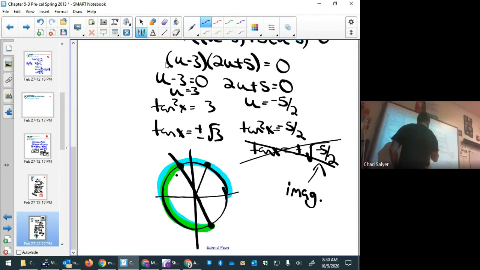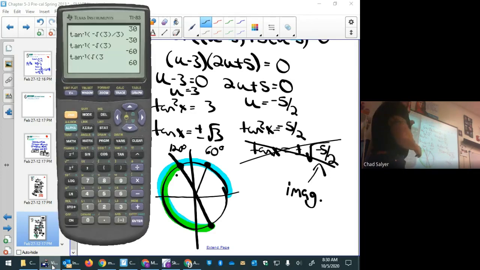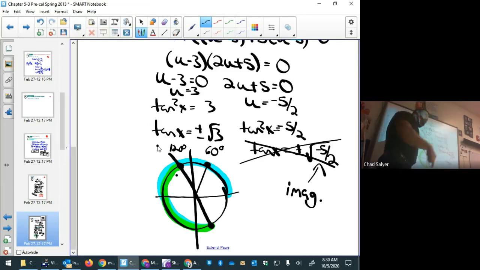So I've got 60 degrees and 120 degrees. Add 180 to negative 60. Do you see how that gets you to 120? So if I add pi, because the period of the tangent function is pi, I'll arrive at another solution. And this one does meet our criteria.